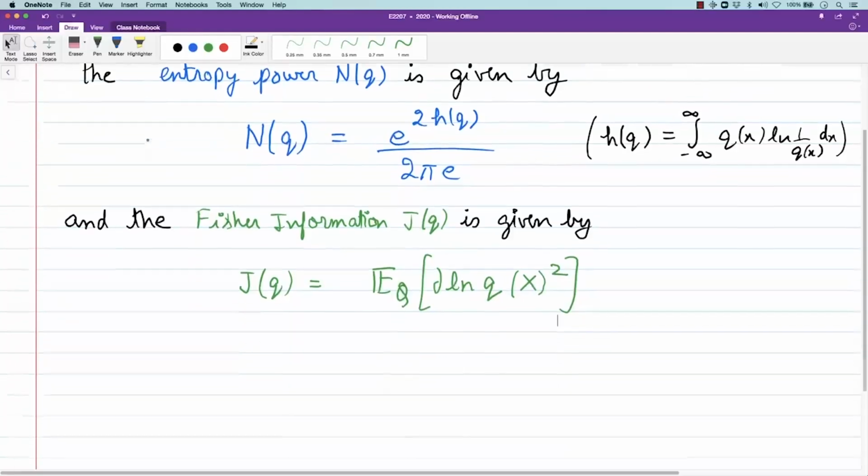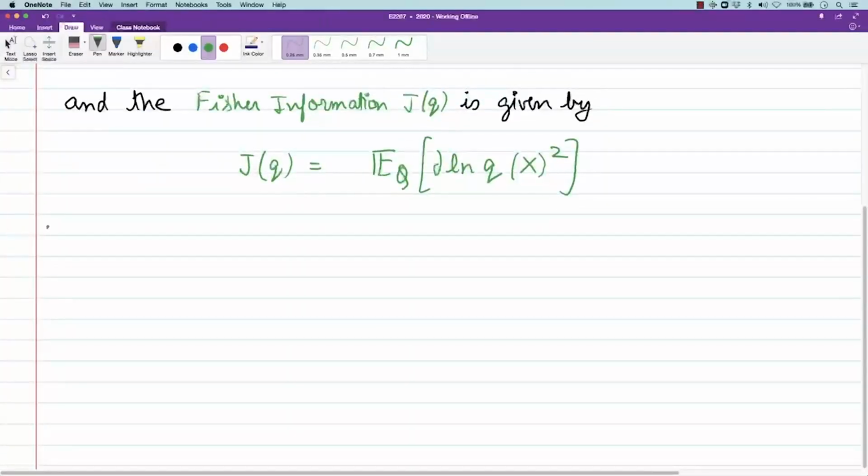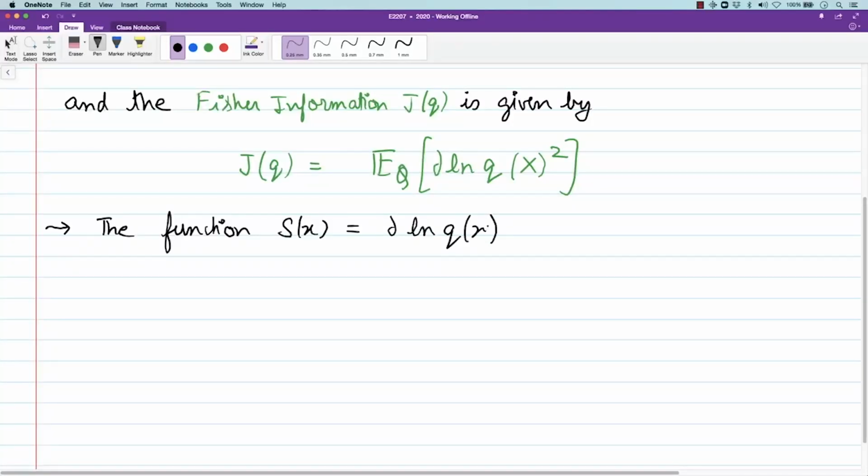Okay, so just a quick discussion on this Fisher information. The function S(x), the derivative of log q(x), is called the score function.